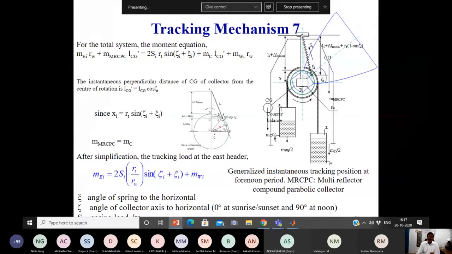How is it possible? The weight of the entire solar collector has been controlled by equal and opposite dead weight. That is the basic principle here. Initially, we forgot about this dead weight because I am not an expert in machine design. My expertise is in thermal engineering. That's why we neglected this dead weight, and initially we were able to track this collector for only 1 hour.